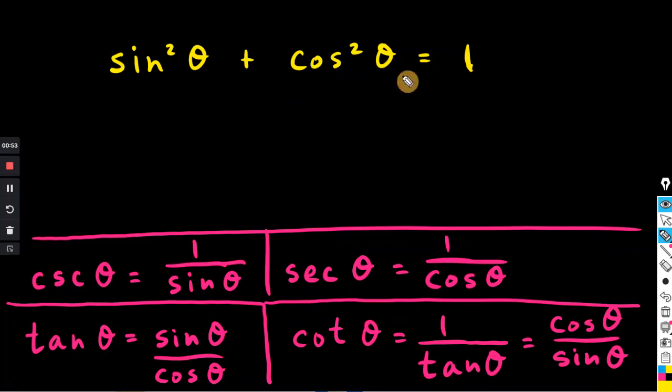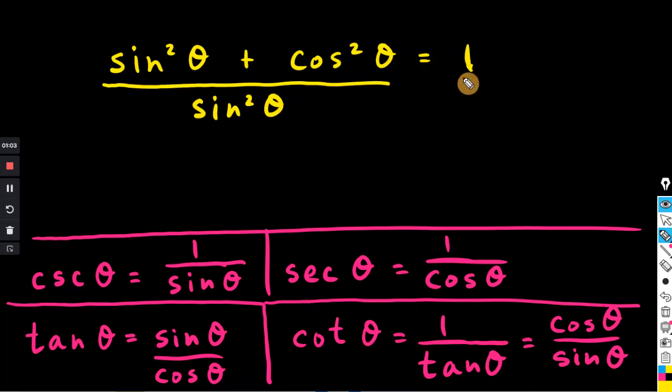If you divide both sides by sine squared theta, okay, so I'm going to divide this by the sine squared theta, and this right here by the sine squared theta. All right, so we're adding in the numerator divided by a common denominator. So this is over sine squared and this is over sine squared.